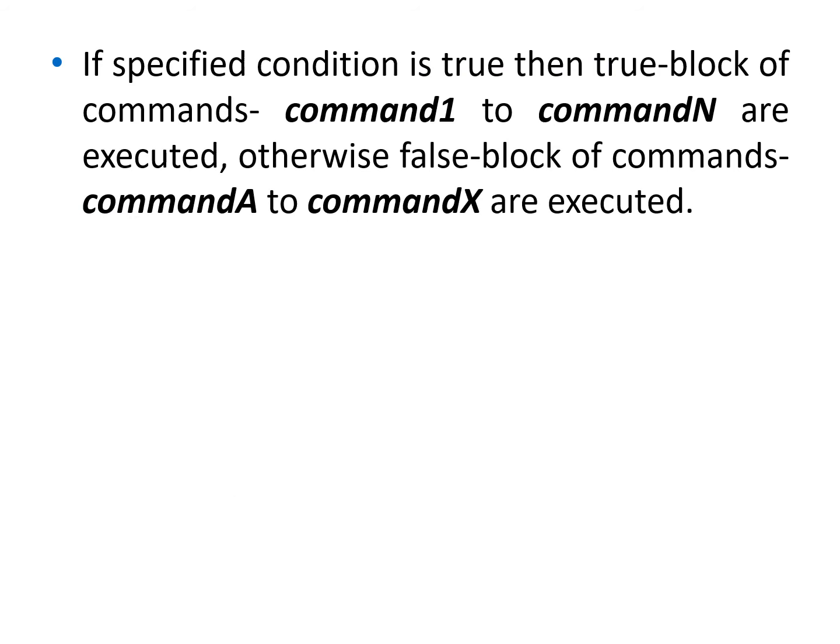By this if then else statement, if the specified condition is true, then the true block of commands from command 1 to command n are executed. Otherwise, the false block of commands, command A to command X, are executed.